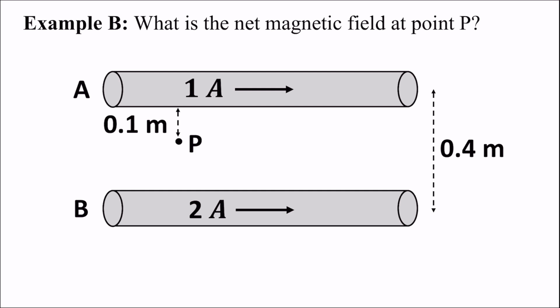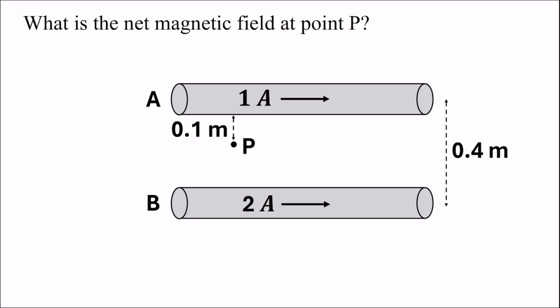The next problem I have here, example B, looks at finding the net magnetic field at this point here, P, due to two different wires, wire A, which is above it, and wire B, which is below it. Before I calculate magnitude, I want to figure out the direction of the field due to each wire. So for wire A, if you point your thumb in the direction of current to the right, and then you go below the wire and curl your fingers, they would go into the page.